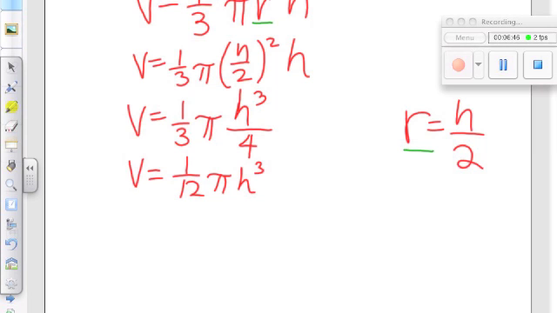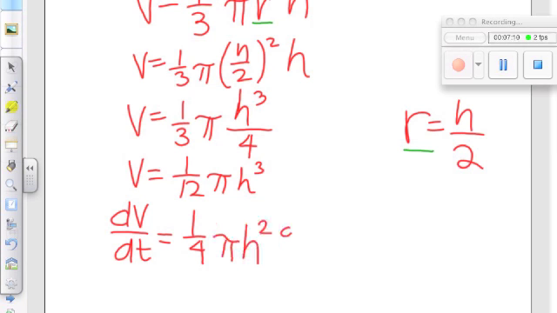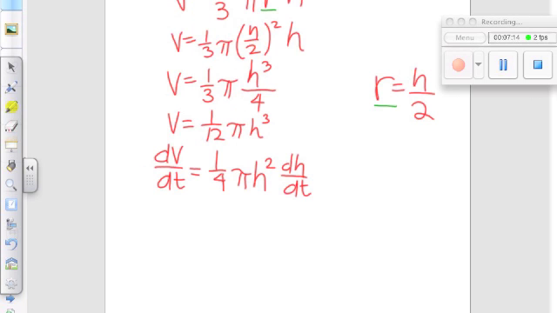Now can I take the derivative of this? Yes. If I take this derivative, I get dV/dt is equal to 1 over 4 pi h squared dh/dt. Now I can use algebra to solve for dh/dt, or I can plug in and then find the answer.